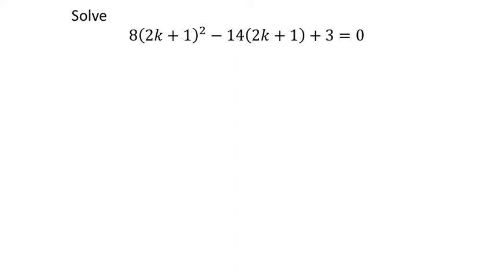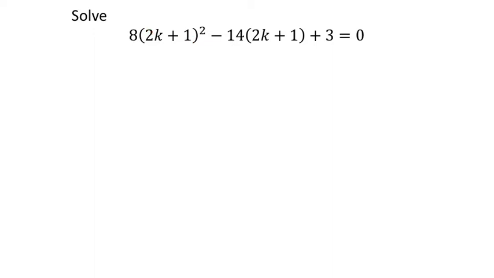Now the first thing I want here is a u substitution, because I especially do not want to have to worry about taking this 2k plus 1 and squaring that garbage. I mean, you could say, well, I just want to distribute negative 14 here, and that's fine. And technically you could square this and then distribute the 8, that's fine as well.